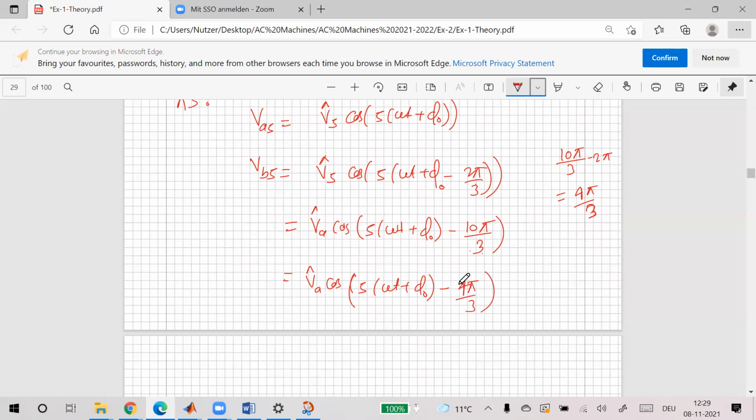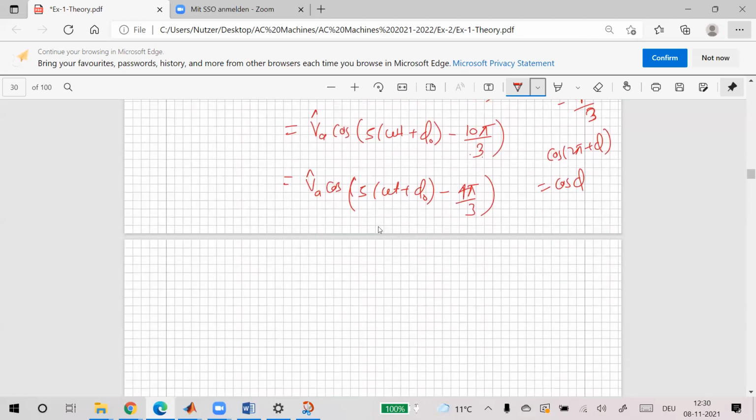Is it possible? You know these things, right? Cos 2 pi plus theta is the same as cos theta. So I just try to subtract the 2 pi from that angle. And if you see this xy axis, this 4 pi by 3 is basically 240 degrees. So it should be somewhere here.